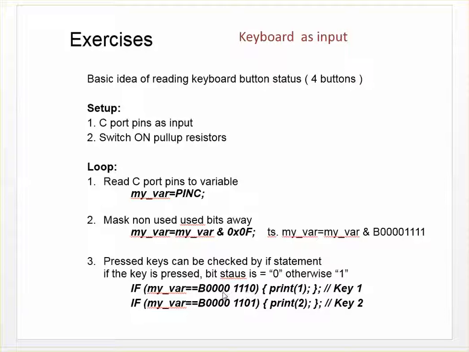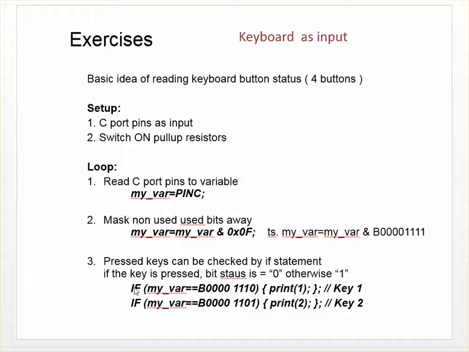So we know that if our bit combination is this one here, key 1 has been pressed. If key 2 has been pressed, then this bit here is 0 and the other bits are 1. So that's the idea of how we can check which key has been pressed.